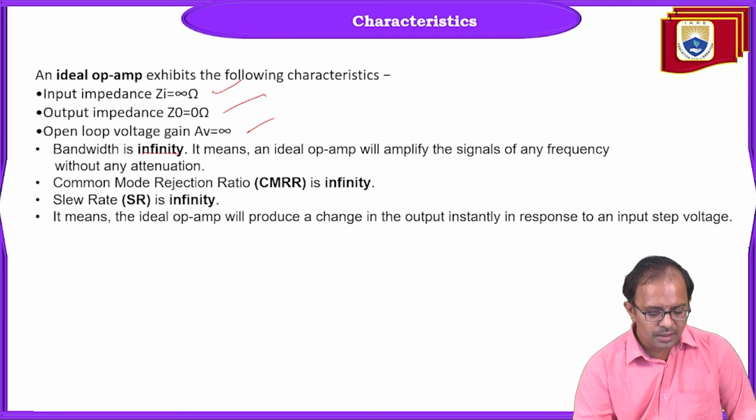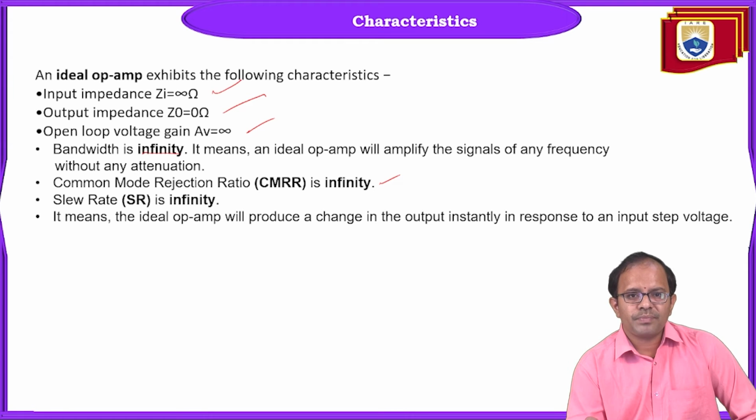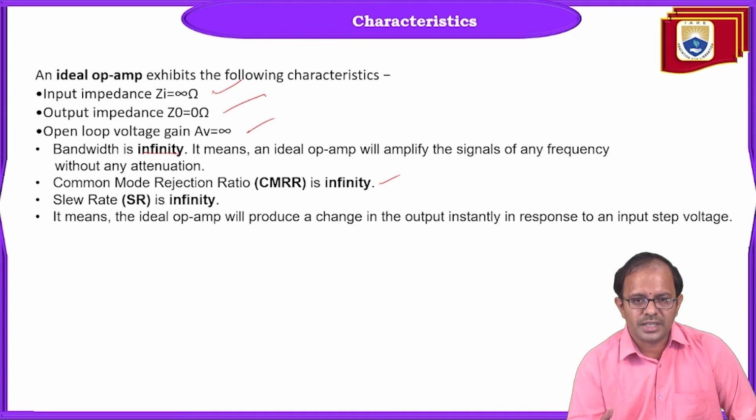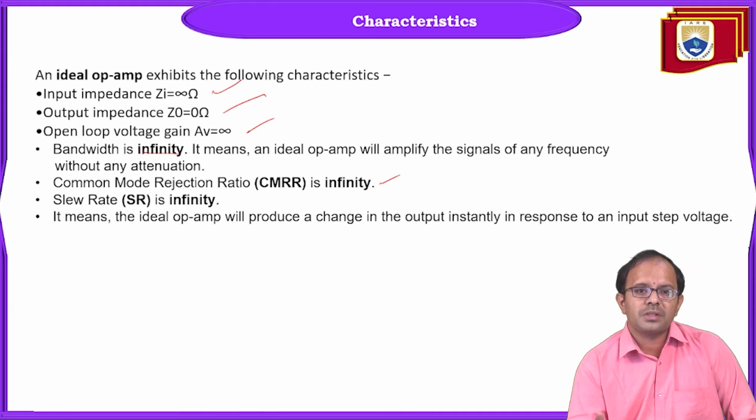And another parameter, common mode rejection ratio. So what is the major block in an operational amplifier? It consists of a differential amplifier in the input stage. It allows only differential gain. However, it's supposed to reject any common mode signal. That is, all kinds of common mode signals should be rejected, which is nothing but the common mode rejection ratio.